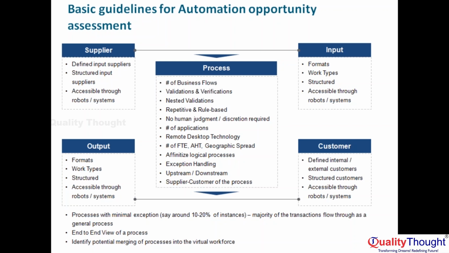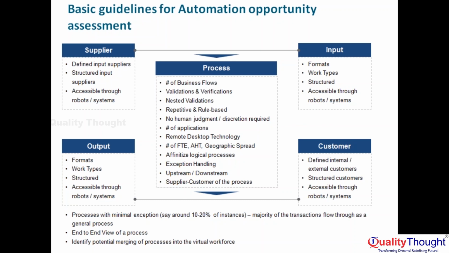Understand upstream and downstream systems. Upstream means supplier, downstream means customer. That is, who is giving the data upstream, and to whom the bot is giving the data downstream. For example, you are taking data from a web application used by a branch manager, but you are giving data to a government authority, for example, a high court.